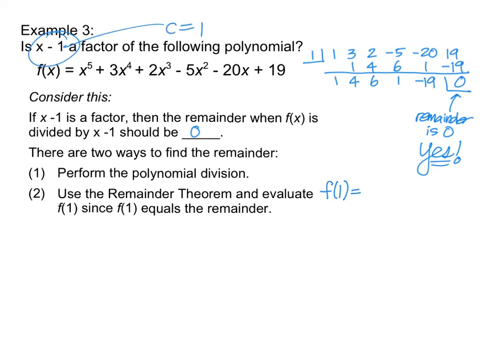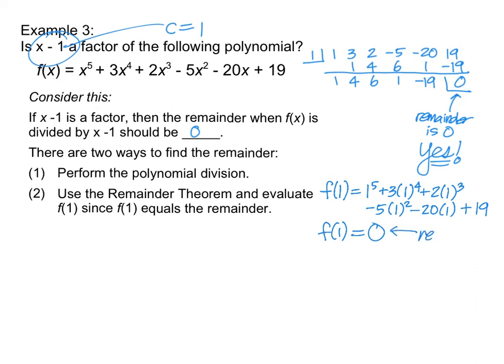All right, so let's try it. 1 to the 5th plus 3 times 1 to the 4th plus 2 times 1 cubed minus 5 times 1 squared minus 20 times 1 plus 19. If we simplify this, we would get 0. So f of 1 is 0, and so 0 is also the remainder. And so that is the conclusion.